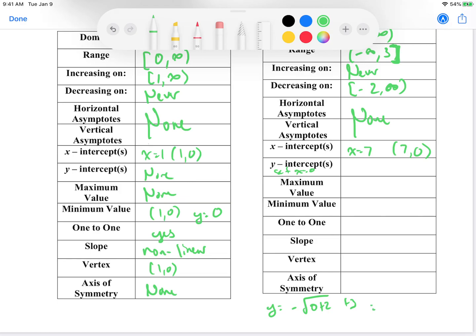So my y-intercept is actually going to be negative square root of 2 plus 3. And that can't be simplified anymore. So that's simply what our y-intercept is.